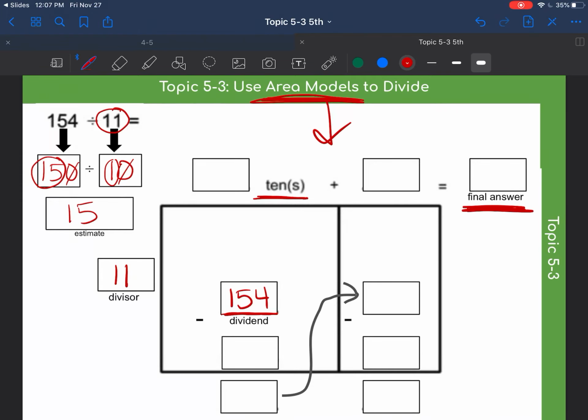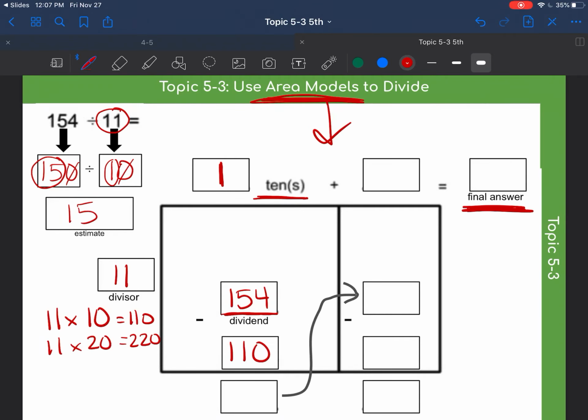Well, 11 times 1 ten would be 110. 11 times 2 tens, or 20, will give you 220, which is too much. So 11 times 1 ten gets you as close to 154 as possible, and that's 110, okay?